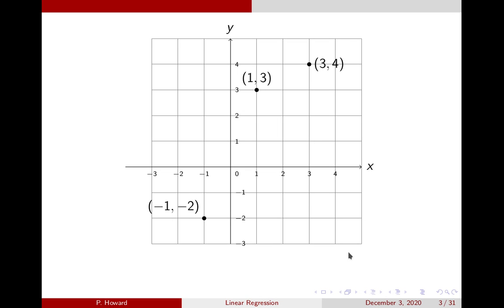Here are the 3 points, and they do not lie on a single straight line. It will not be possible to find a linear function whose graph goes through all 3 of those points.